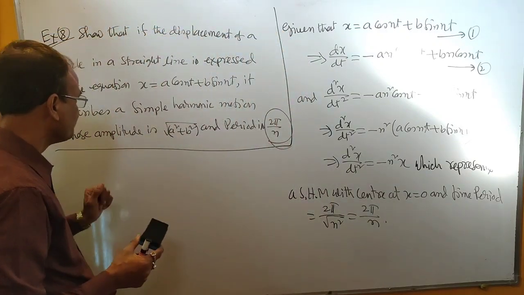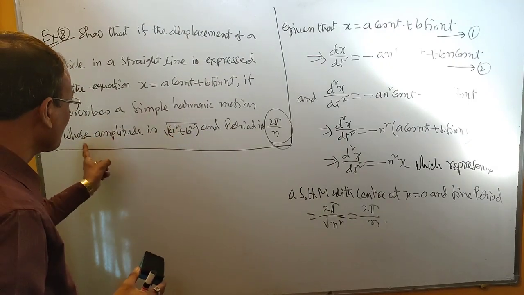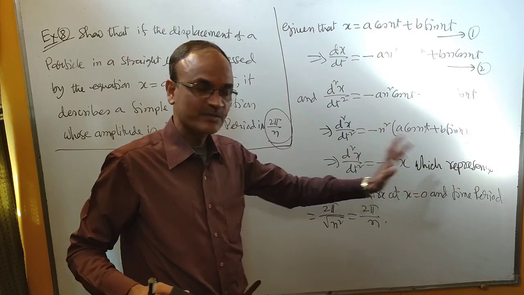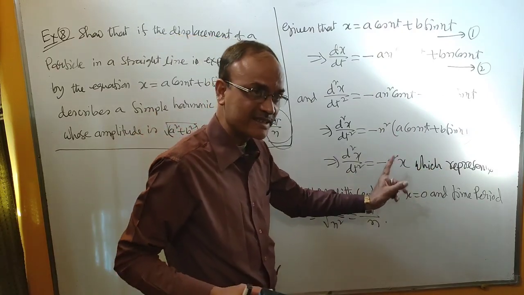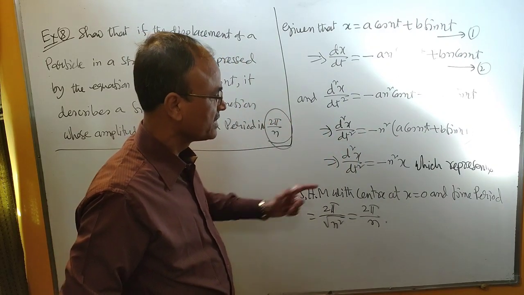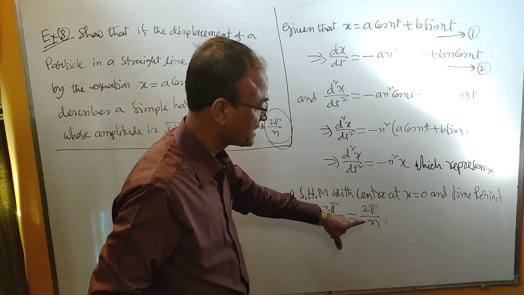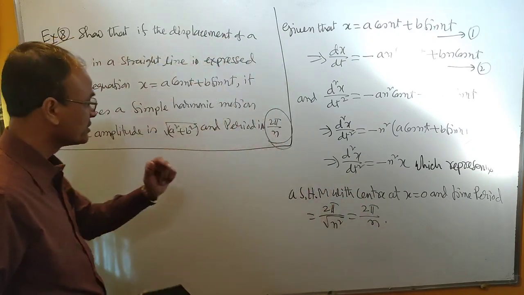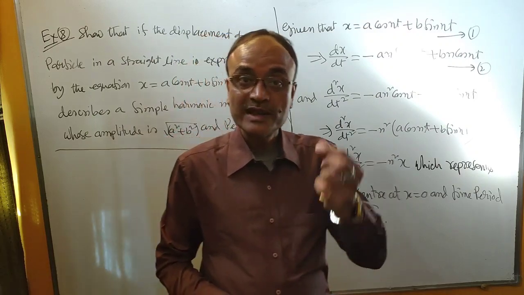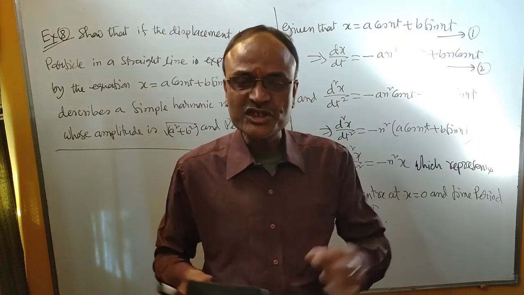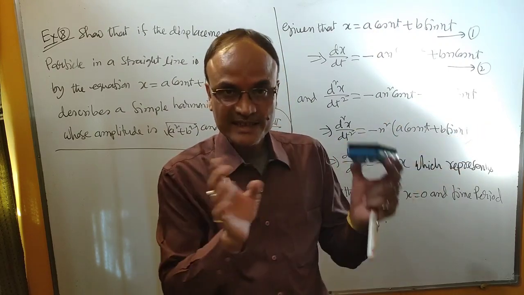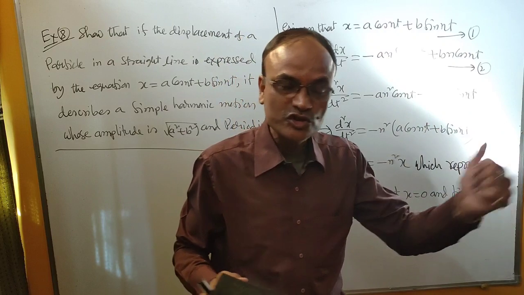We have proved that the motion is simple harmonic because the acceleration equals minus a constant times x, and the periodic time is 2π by n. Now amplitude. What is amplitude? Amplitude is nothing but the distance between the center of force and the position of rest.